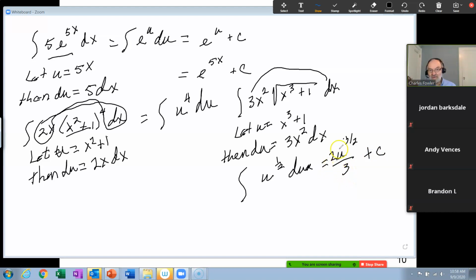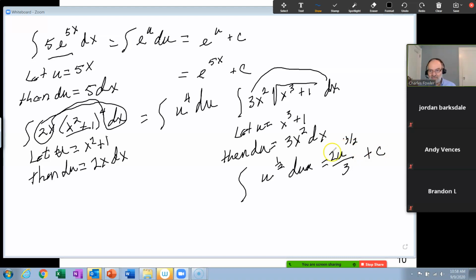Okay, but then go on and plug in what u is, and that would be 2 times (x cubed plus 1) to the 3/2 power over 3, or 2/3 times (x cubed plus 1) to the 3/2 power plus c. There's your answer.